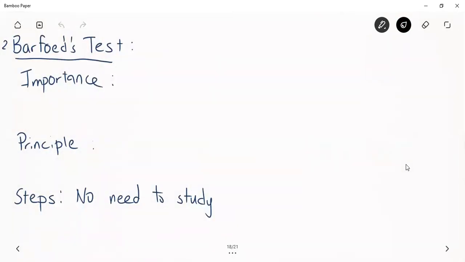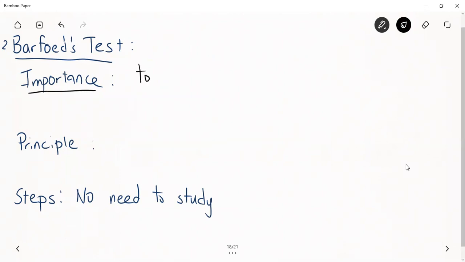Then we have another test in which the principle is also reduction. It's called Barfoed's test. We have to know the importance, principle, and observation and conclusion for every test. What's the importance of the Barfoed test?